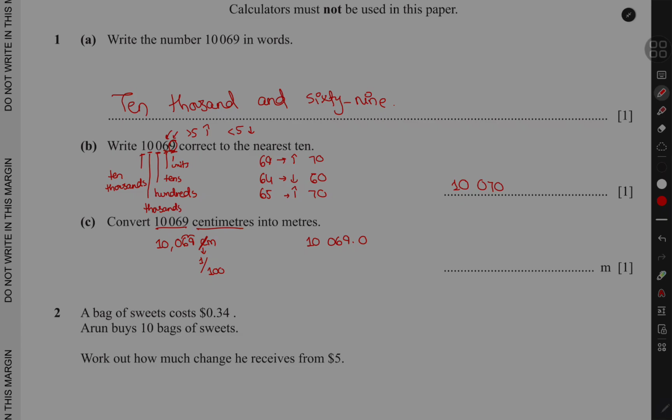So what we can do is just 1 divided by 100. So we can just divide this number by 100. If we are dividing anything by 100, we just move the decimal place to the left. We have 2 zeros over here, so 2 places to the left. What this gives us is 100.69. We can just write the answer, 100.69 meters.